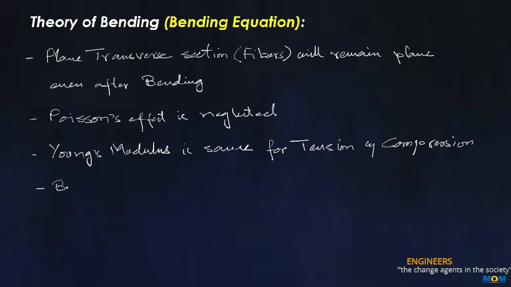Beam is prismatic, which means the cross-sectional area of the beam is constant.